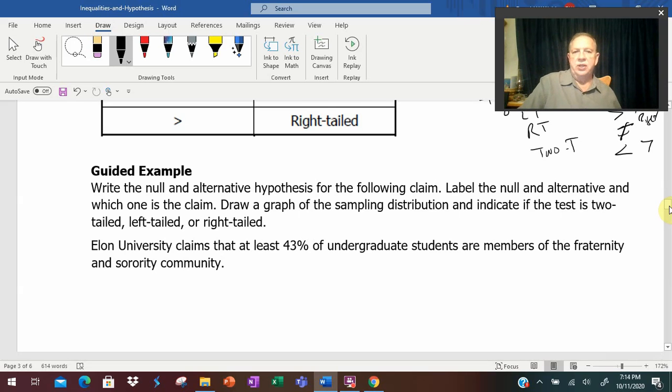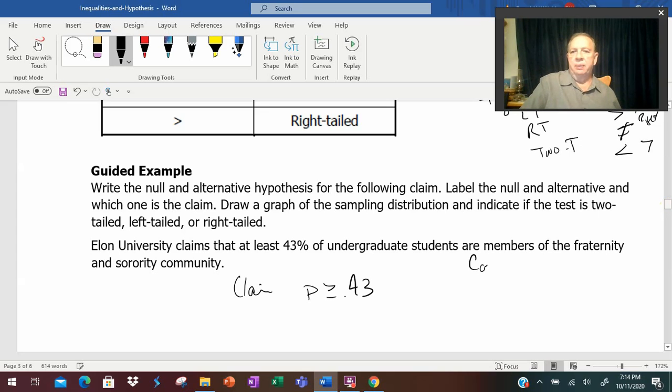Elon University claims that at least 43% of undergraduate students are members of the fraternity and sorority community. So your claim is that p is greater than or equal to 0.43. At least 43%, could be more, okay?